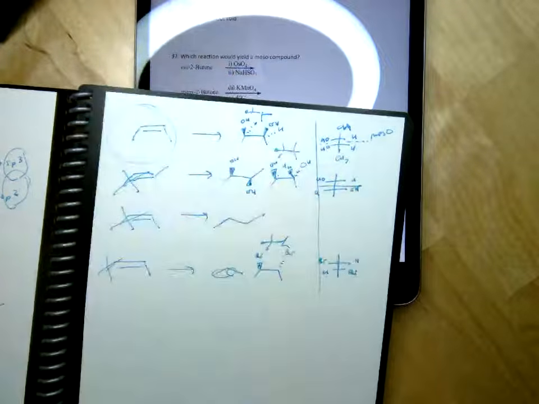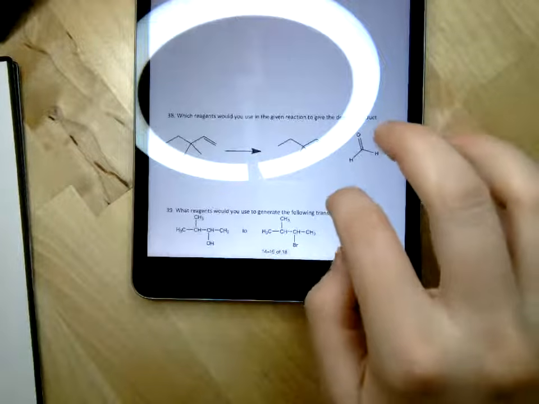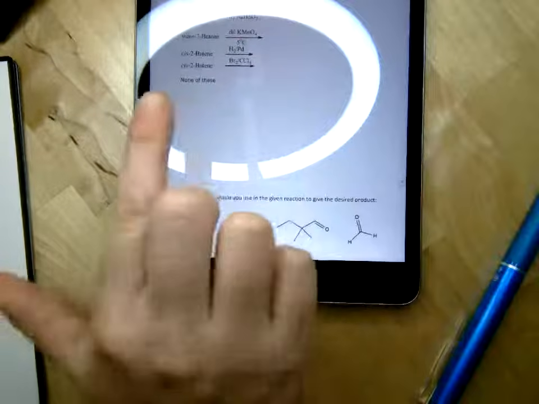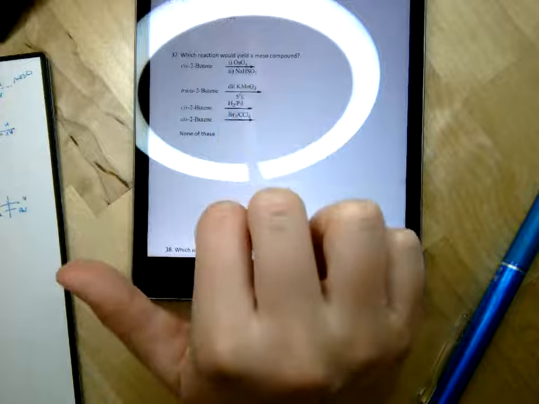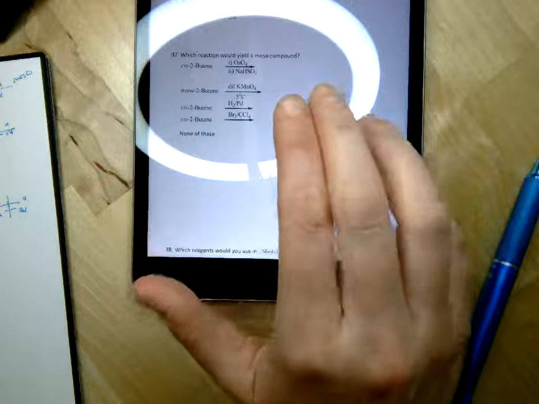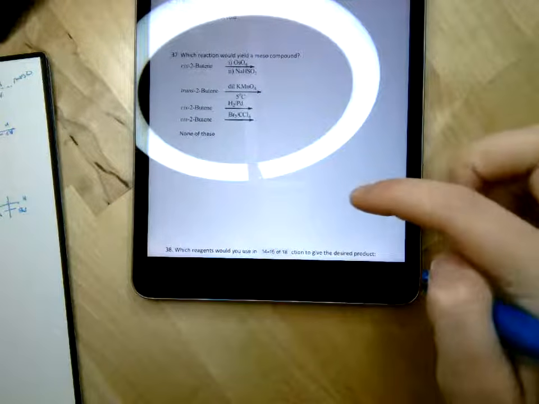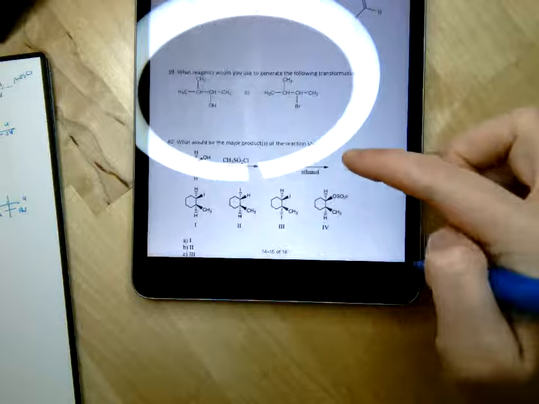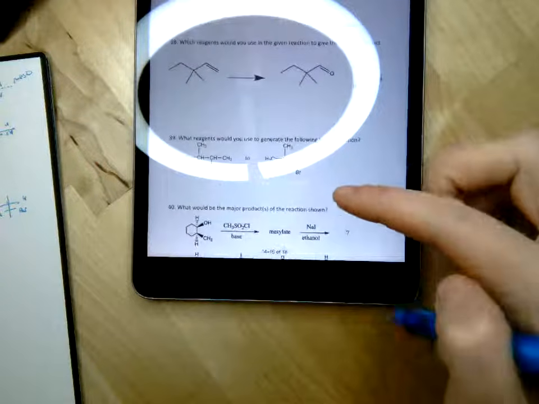So answer choice A is going to be the one that yields a meso compound. I had a lot of questions on that. So you have to be comfortable knowing that it starts with cis or trans, knowing if they add wedges or dashes, and then also being able to convert that into a Fischer projection or see if it has the thing that you're looking for.